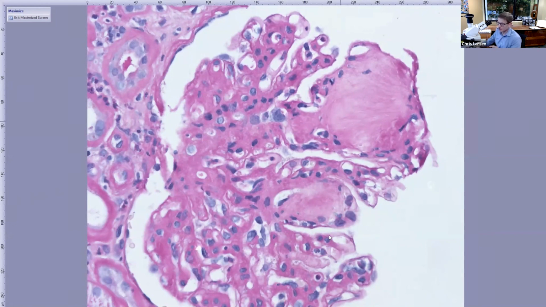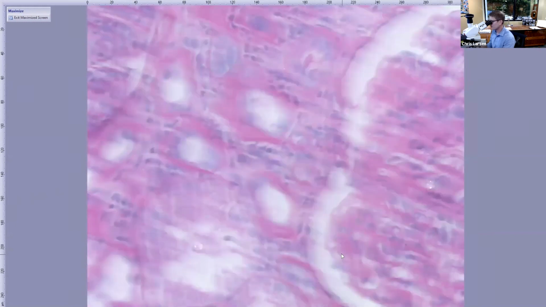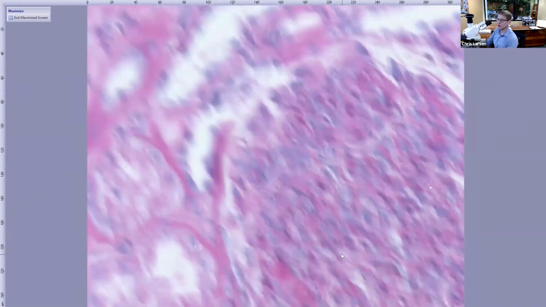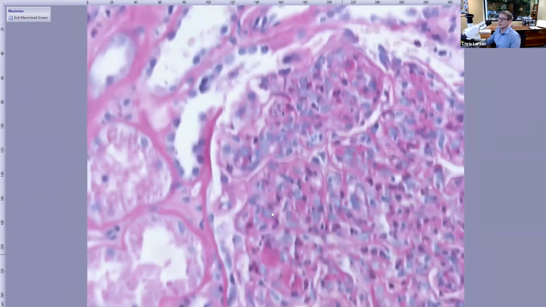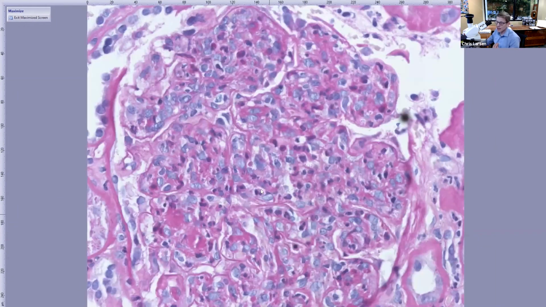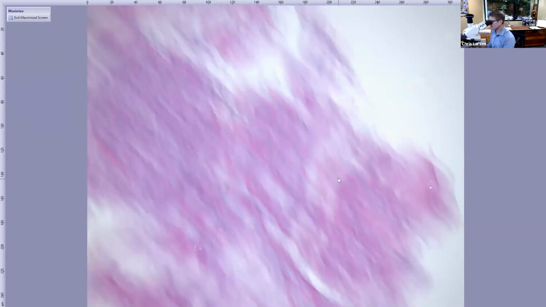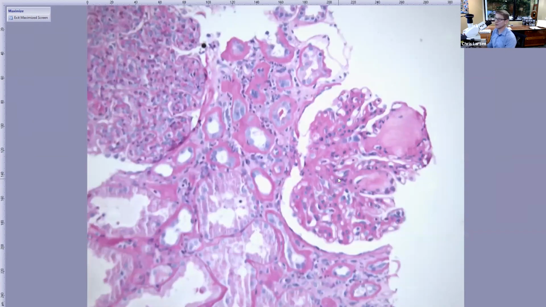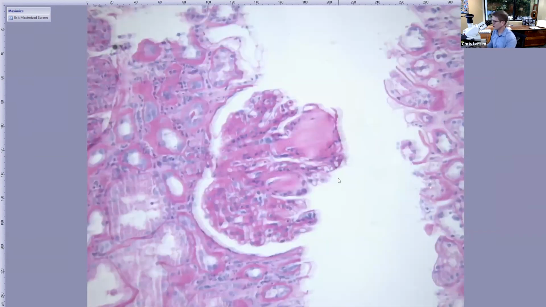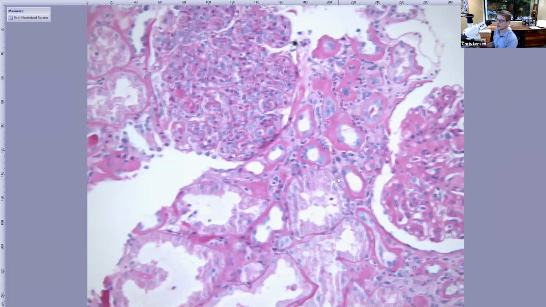In this particular glomerulus, there's relatively little endocapillary proliferation, but most of the glomeruli look more like what I just showed you, with lots of endocapillary neutrophils, hypercellularity, the exudative glomerulonephritis. So this is the case of a 55-year-old man with diabetes who developed a post-infectious glomerulonephritis.